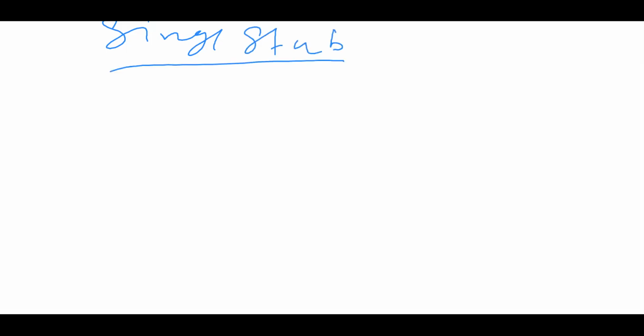Now, what is this single stub? In this single stub, suppose you have a transmission line.